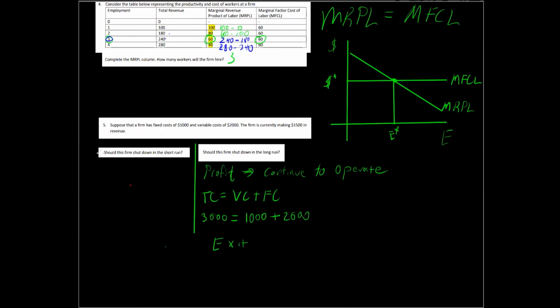So here, we've got fixed costs equal to 1,000 and variable costs equal to 2,000. And the idea is if revenue is greater than variable costs, you should continue to operate.